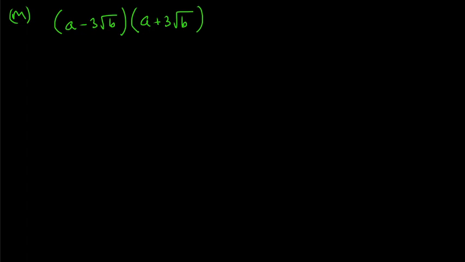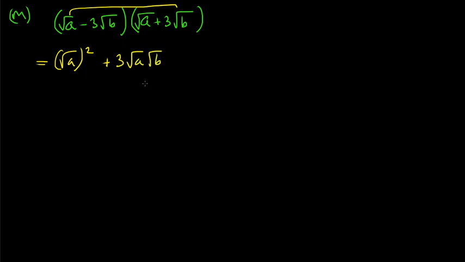Okay, part M, square root of a minus 3 square root of b, times the square root of a plus 3 square root of b. So this you should recognize as FOIL. We have square root of a times the square root of a, square root of a squared. And then the outside terms, we're going to get 3 square root of a times square root of b, or just 3 square root of ab.